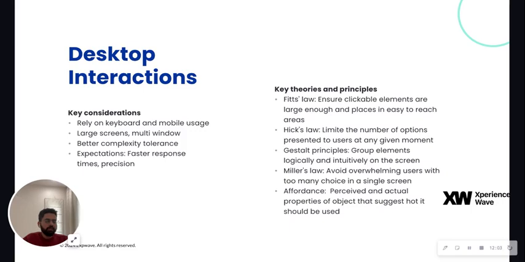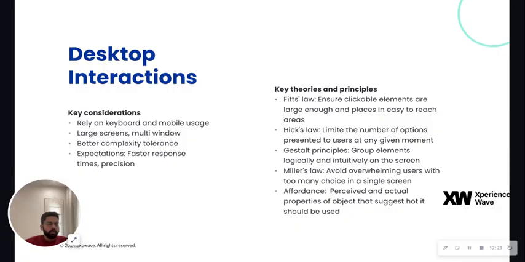So place similar actions close together and visually connect all the information which is related to each other. And then there is Miller's law, which suggests that people can only hold about 7 plus or minus 2 items in their working memory at one point of time.